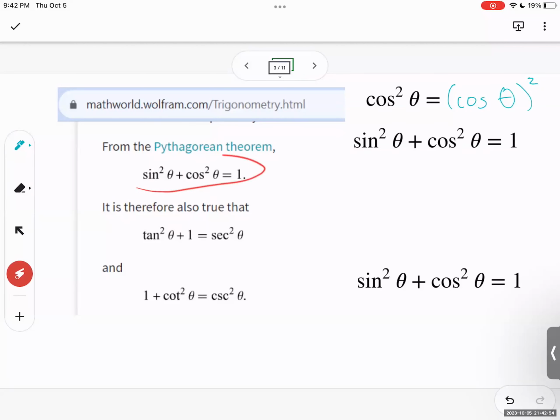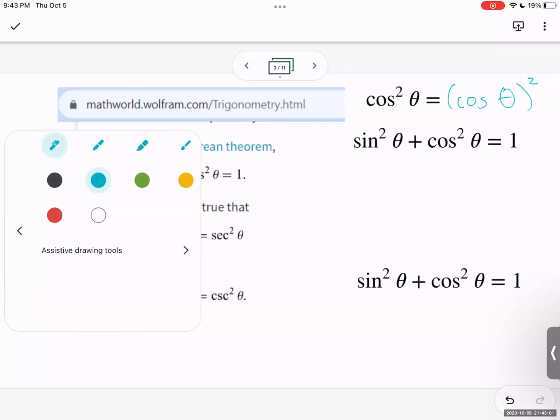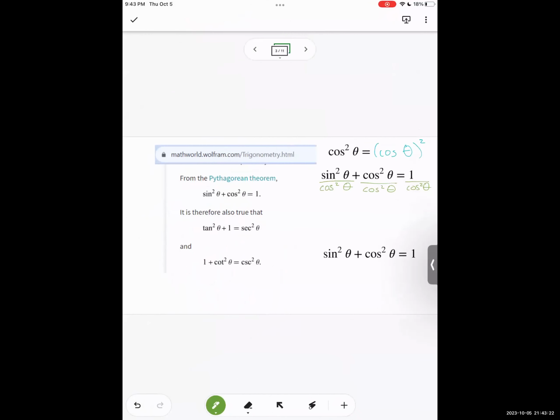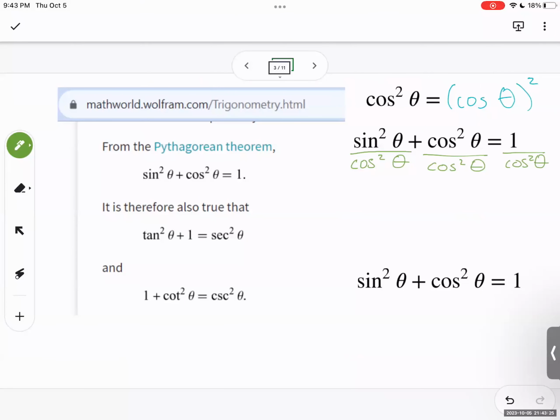So since we know sine squared theta plus cosine squared theta equals 1, we can actually get two more identities from this one. If we divide each term by cosine squared theta, sine squared over cosine squared is sine theta over cosine theta, that value squared.